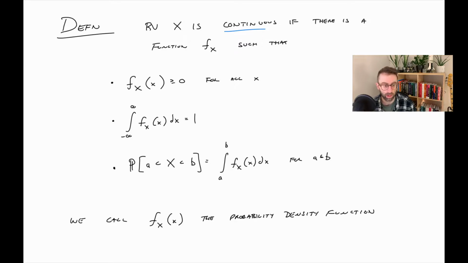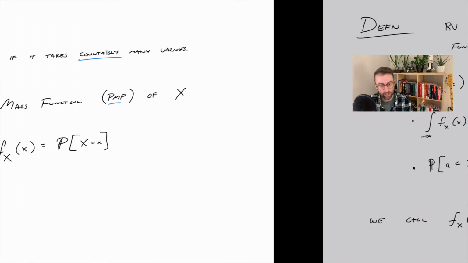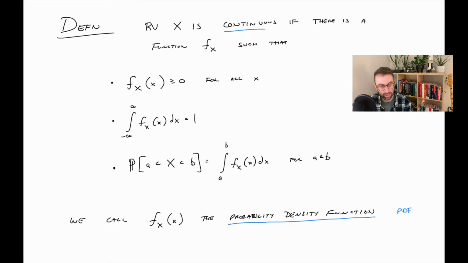If those things are met, we call this the PDF, the probability density function. And so the big difference between a mass function and a density function is that mass functions give you probabilities, density functions do not. They need to be integrated like so to give you probabilities.